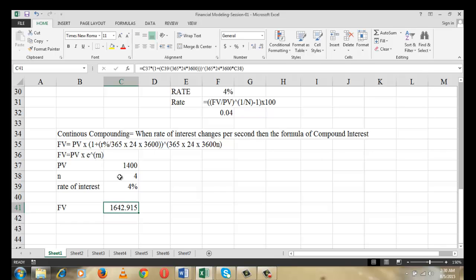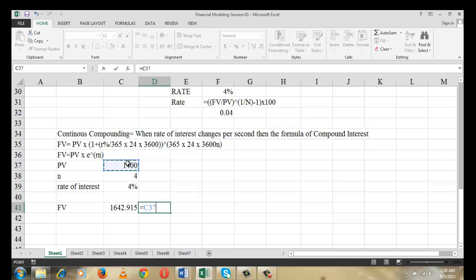You get 1642.915. The same thing you can do by taking the FV into e to the power Rn.